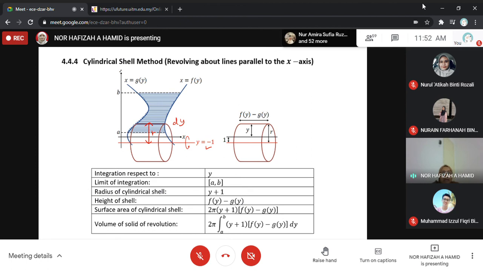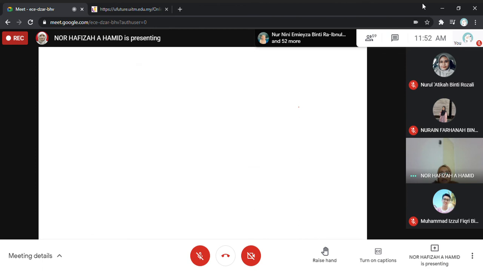Okay, so you have r is equal to the upper minus lower. Biasanya upper, so you ada y minus -1. So you have y plus 1. Okay, and you have h. H is equal to the length. So length is fy minus gy. Okay, so you akan dapatlah r dengan h dia.